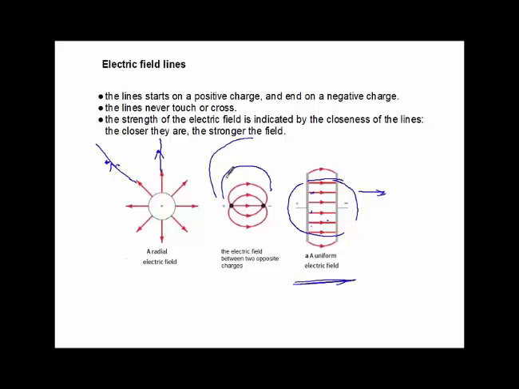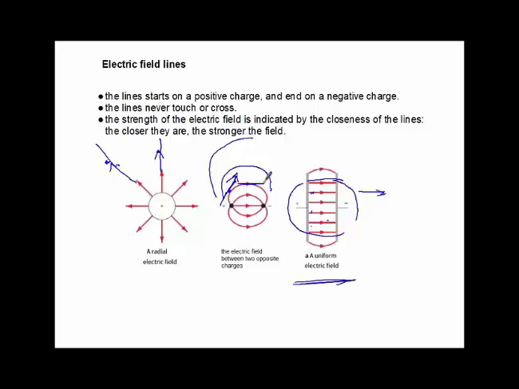Here also, for example, we are getting curves, not straight lines. That means the value of the field is changing. For this point, for example, we have to draw a tangent to this point that gives us the direction of the field.